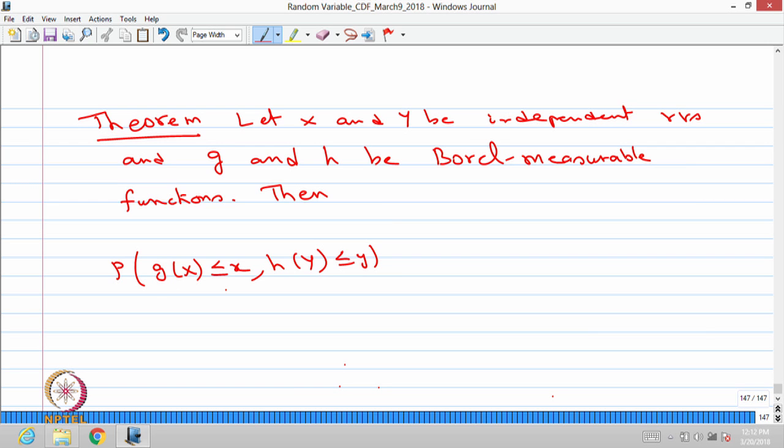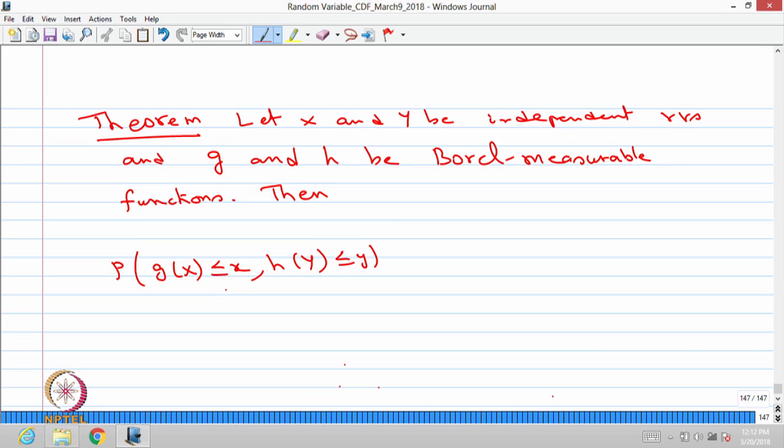We are trying to find the joint CDF of these two random variables, and whether that satisfies the independence condition. If they satisfy it, then you can conclude g of X and h of Y are also independent random variables.